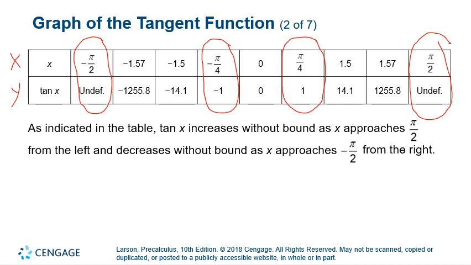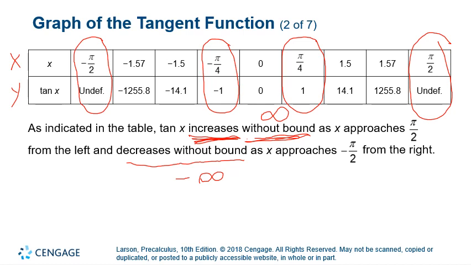And so what happens here is that the tangent value actually increases. And when they say without bound, that means it doesn't ever top out. It'll approach infinity as x approaches pi over 2 from the left, and it decreases without bound, that means it'll keep getting smaller and smaller as x approaches negative pi over 2 from the right.